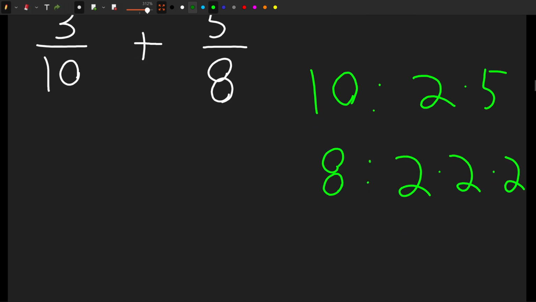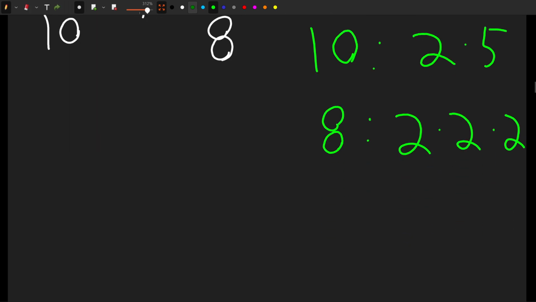Now, in order to find the lowest common multiple, we need to take the most factors from each number. Now, in this case, 8 has more 2's than 10, so we're going to take the 3 2's from 8. However, 10 has 1 5, whereas 8 has no 5's.